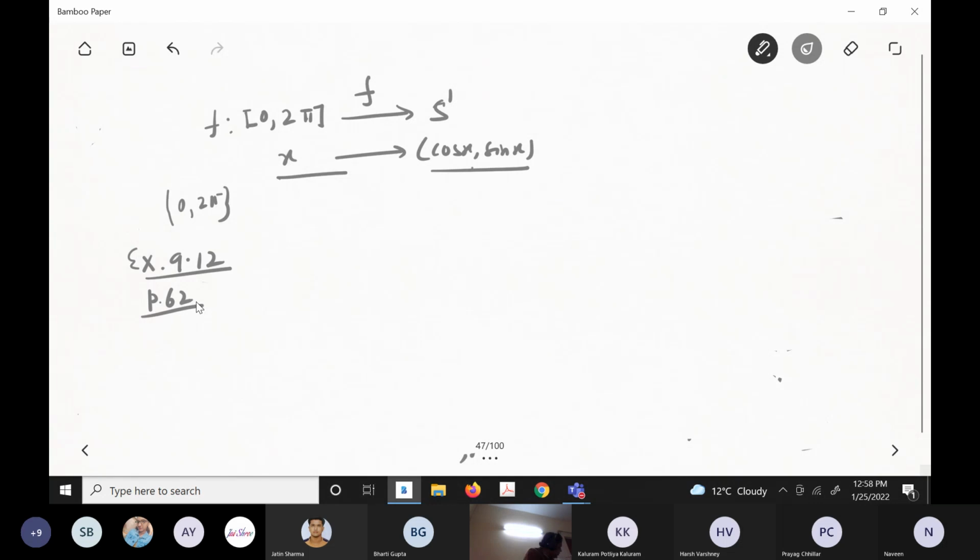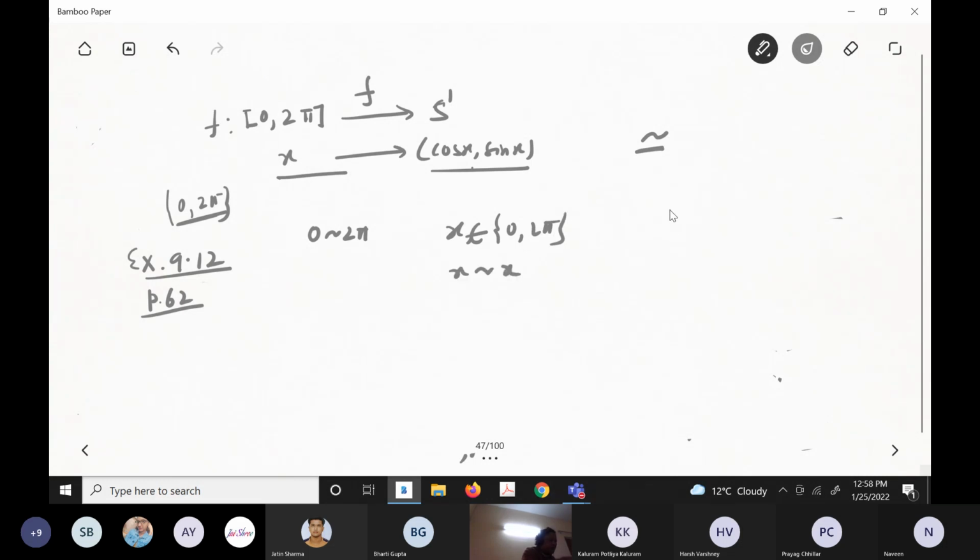So you are identifying 0 and 2 pi, taking them as one class, and if x doesn't belong here, then x itself is the only class.